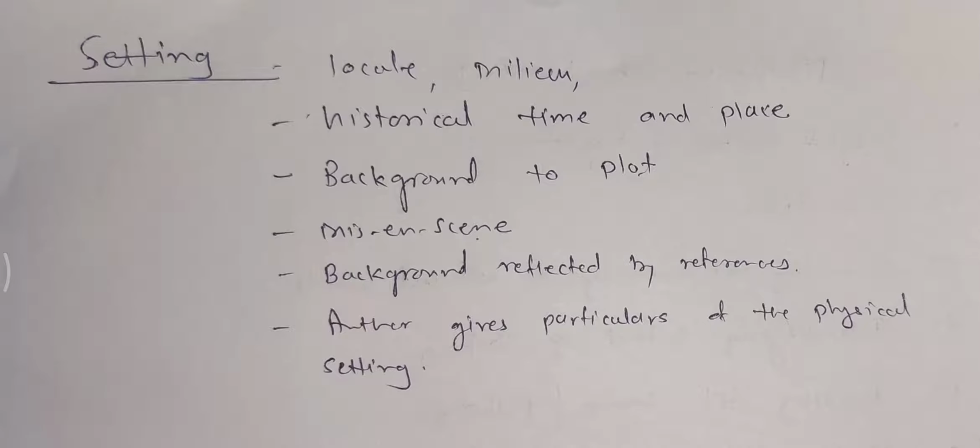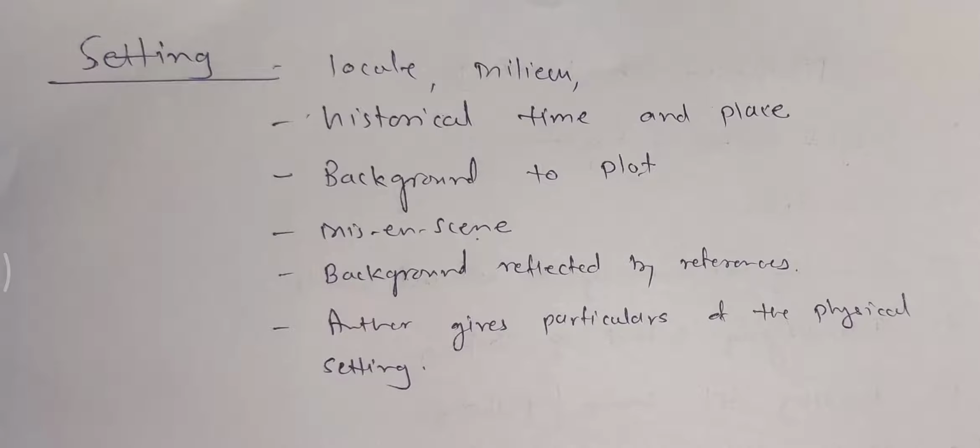As we have seen, the setting of the plot or of short story brings us the background to the plot. It stands for the details that create a picture in front of our mind's eye.